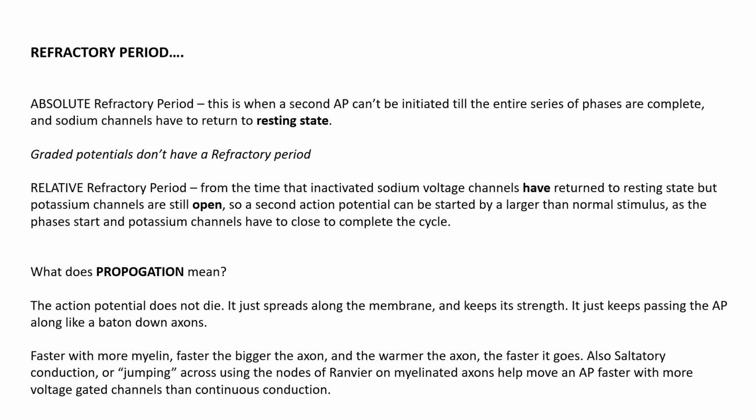The warmer it is, the faster the action potential goes down the axon. The more myelin, the faster the action potential goes. And saltatory conduction is basically the action potential doing leapfrog over myelin sheaths to the nodes of Ranvier, which we went over today in lecture.